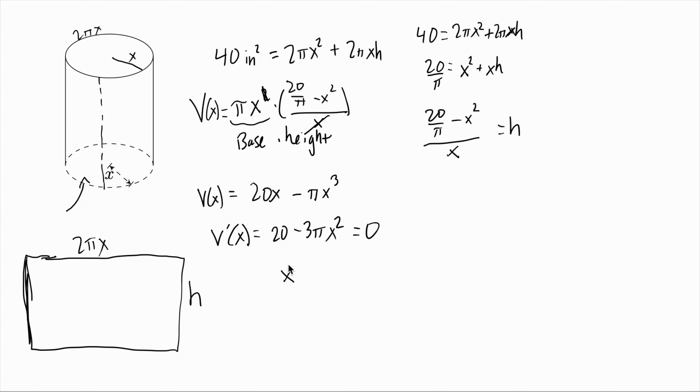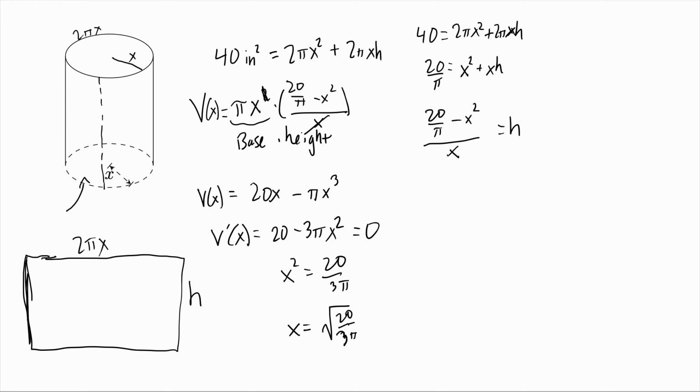So we end up getting x squared is equal to 20 over 3 pi. So x is equal to plus or minus the square root of 20 over 3 pi. But really, we want x to be positive, so we're just going to look at that. So x is equal to the square root of the quantity 20 over 3 pi.